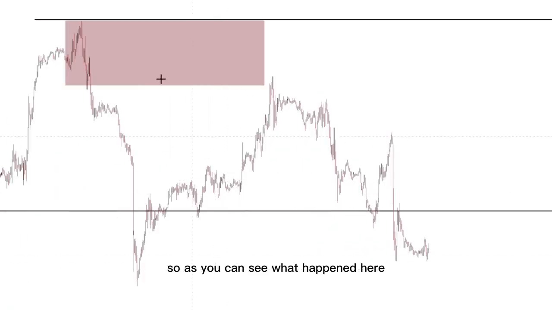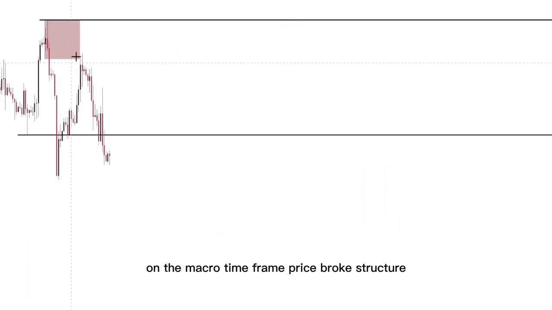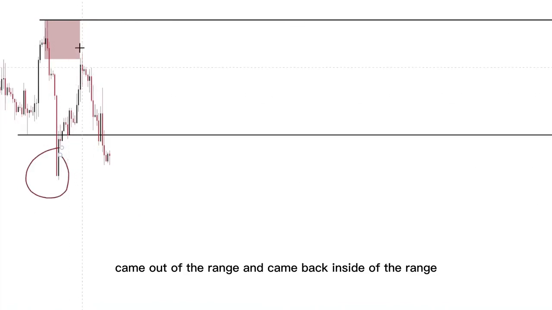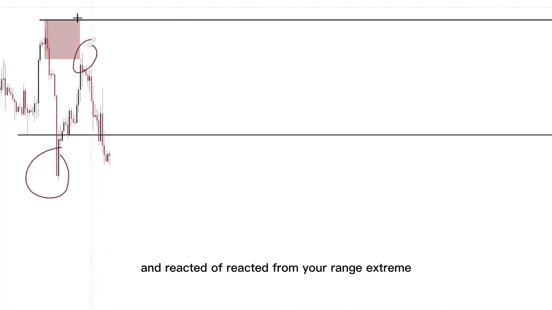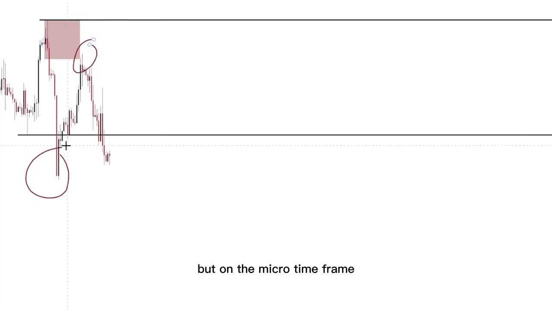So as you can see what happened here, on the macro time frame, price broke structure here, came out of the range and came back inside of the range and reacted from your range extreme. So the character changed and your order flow was bearish. But on the micro time frame, you were bullish.